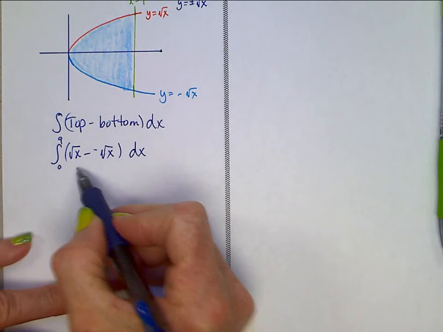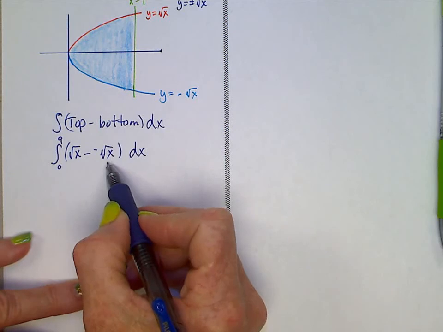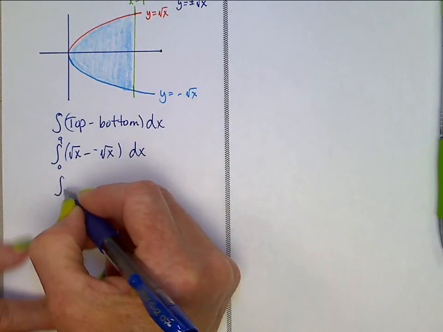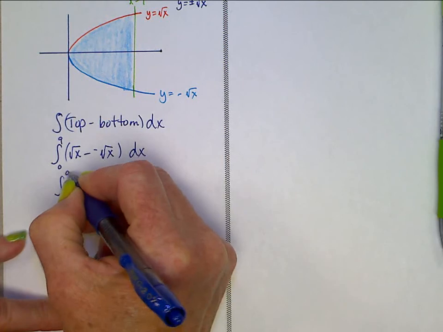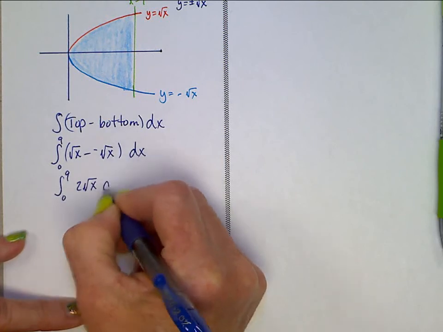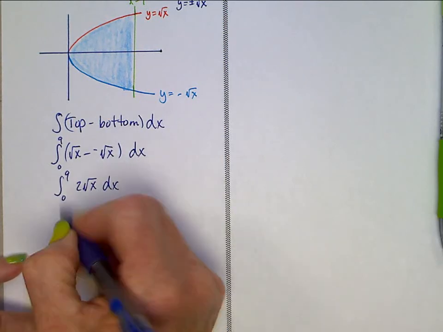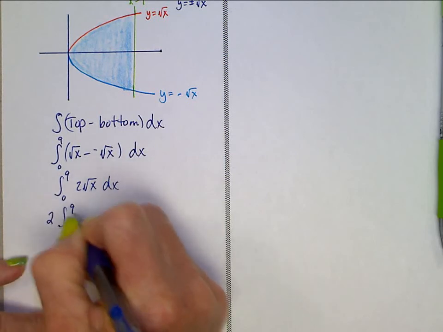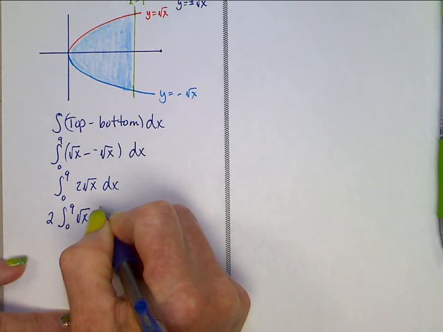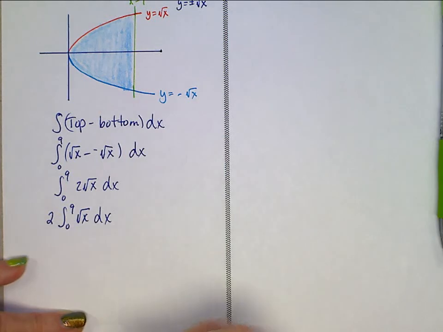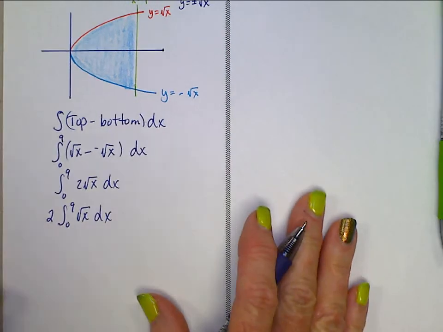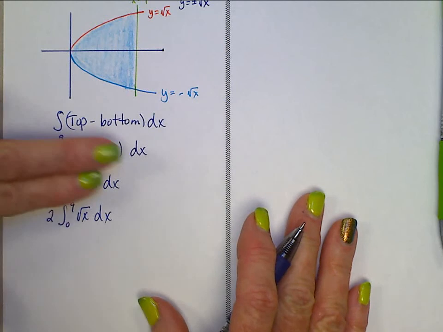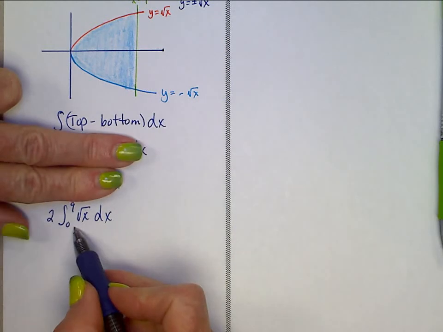And looking at this, square root of x minus a negative square root of x is 2 square root of x, which we can pull that 2 out. All right, now, if you can see this and go right to this line, that's perfectly fine.